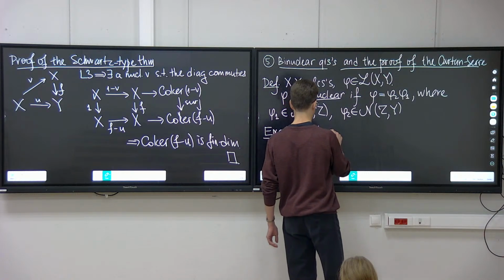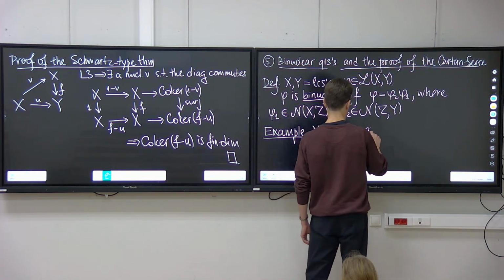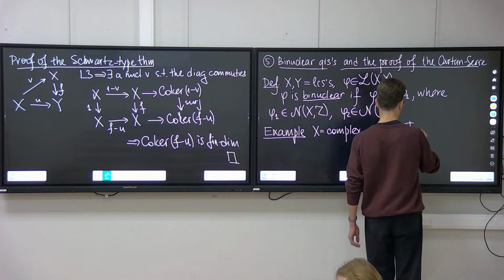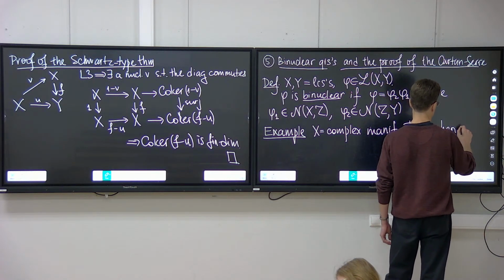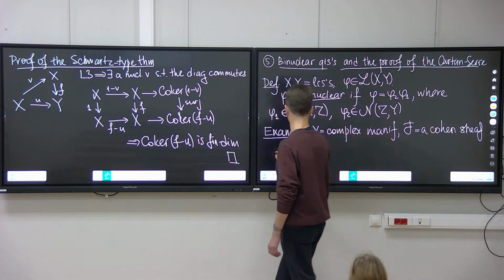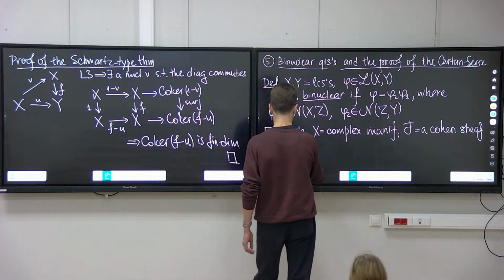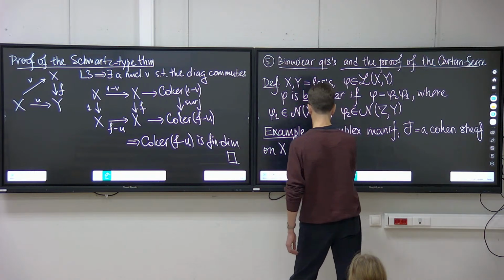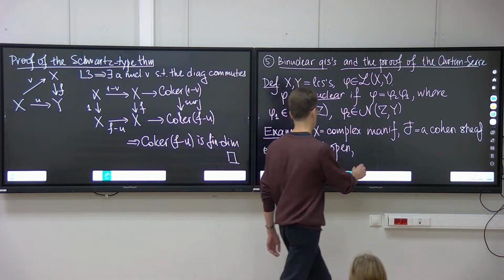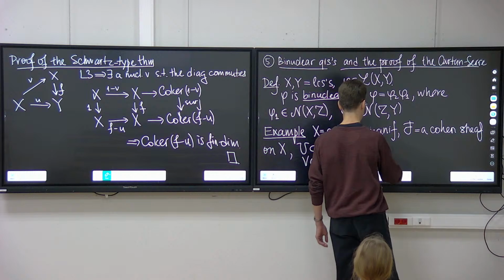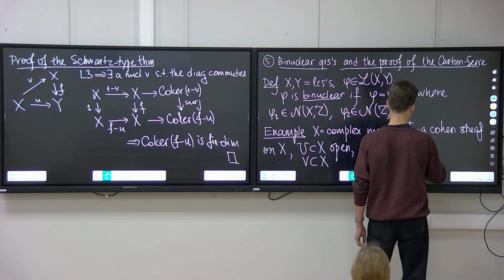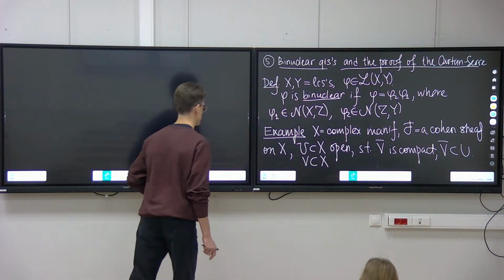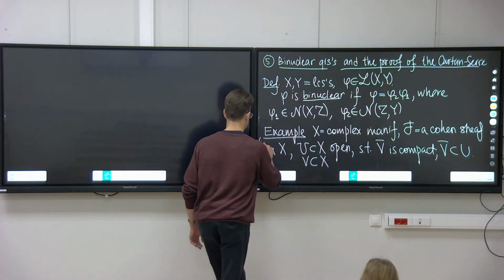Suppose that X is a complex manifold, F is a coherent analytic sheaf on X. U and V are open subsets of X, such that the closure of V is compact and is contained in U. Actually, this is an example and an exercise at the same time.